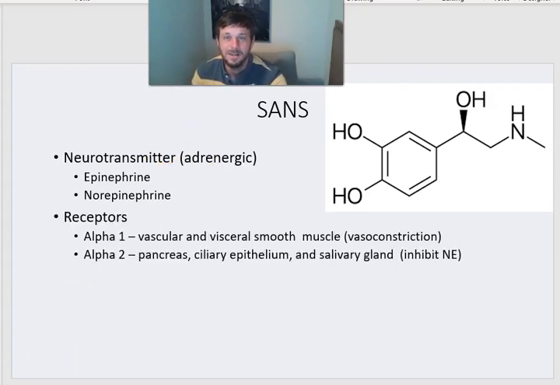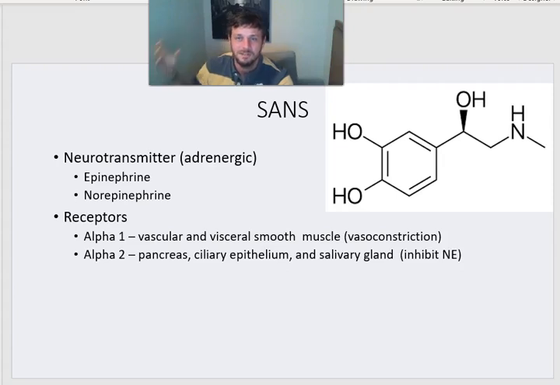All right, so we have a lot more than just one receptor in the sympathetic autonomic nervous system. In the parasympathetic, we just focus on muscarinic. But here in the sympathetic, we're going to have four that we're really going to pay close attention to. You're going to have alpha 1s, alpha 2s. Alpha 1s, you're going to find in a lot of your smooth muscle, in the blood vessels, and then also in the smooth muscles of the sphincters.